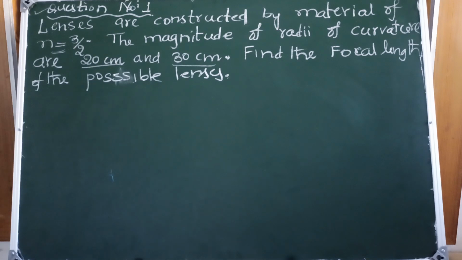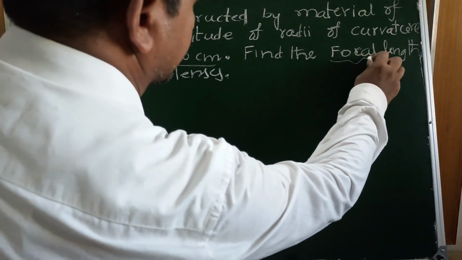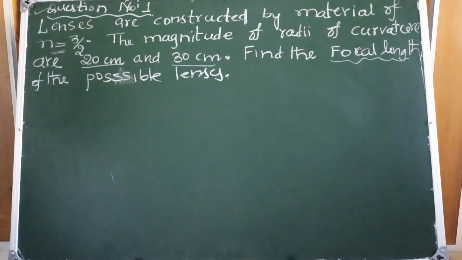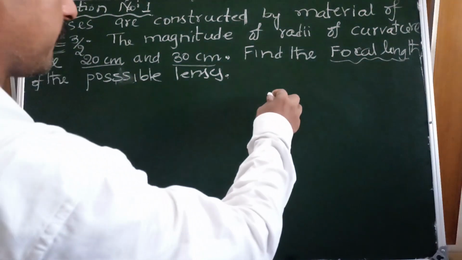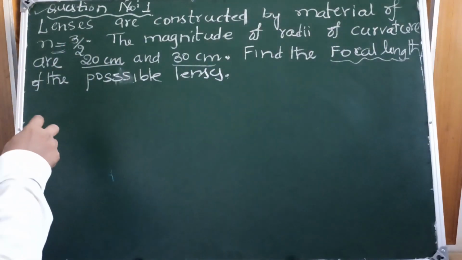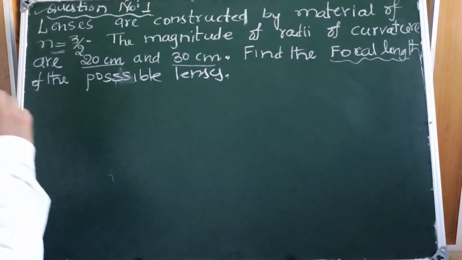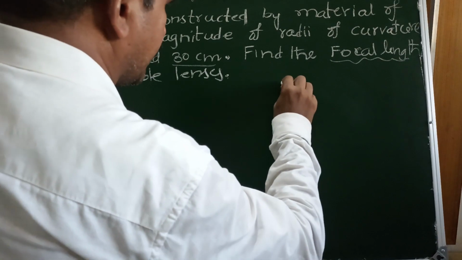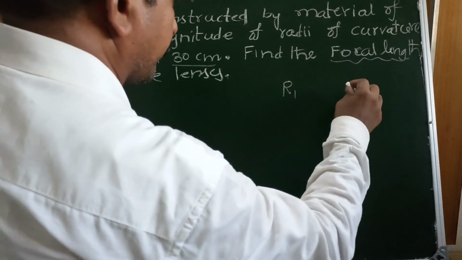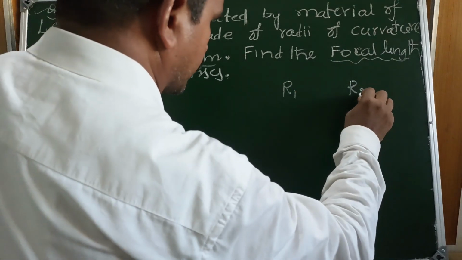Now what we should do actually? We should think of the types of lenses one can make. And here the major unknown is the focal length. You should find out what is the focal length. Here one can think of the radii of curvature R1 and R2.